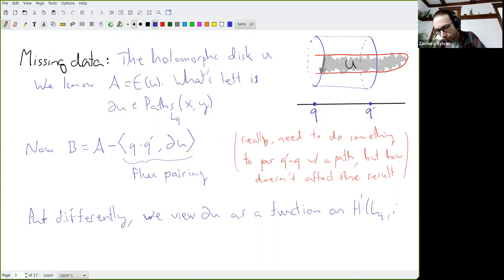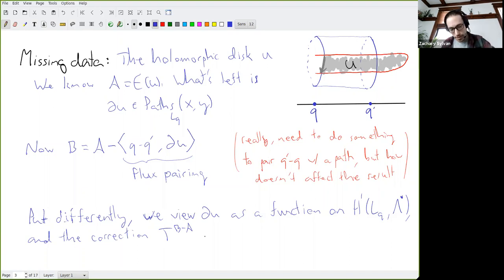And I'm going to actually do this with lambda star. So I'm no longer going to view Q minus Q prime as some real cohomology class. I'm going to exponentiate that, or rather I'm going to take T to that power. And that way, T to the B minus A, that's the correction to the area that we need if we want to calculate the Floer differential for LQ prime instead of LQ.